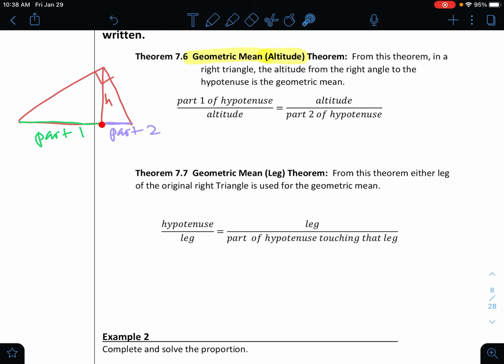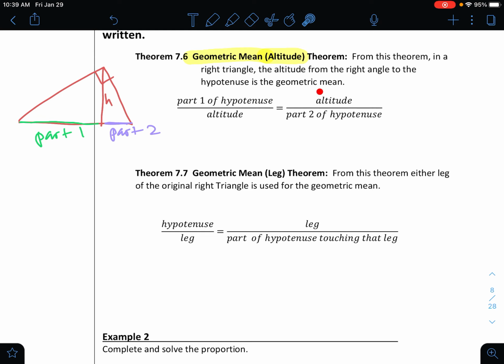What I'm looking at here is the altitude of the big triangle. The altitude is cutting the hypotenuse of the big triangle into two parts. My geometric mean theorem of the altitude says the altitude is the repeating portion.